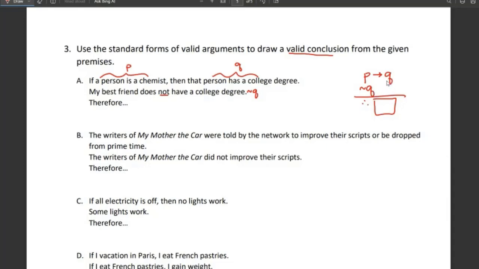So this can be the contrapositive because we do both. We switch sides and we negate. So this is a negative Q and it has switched sides. So we would need a negative P in order to get the contrapositive. So if we did a negative P, then our conclusion would be, therefore, my best friend is not a chemist.